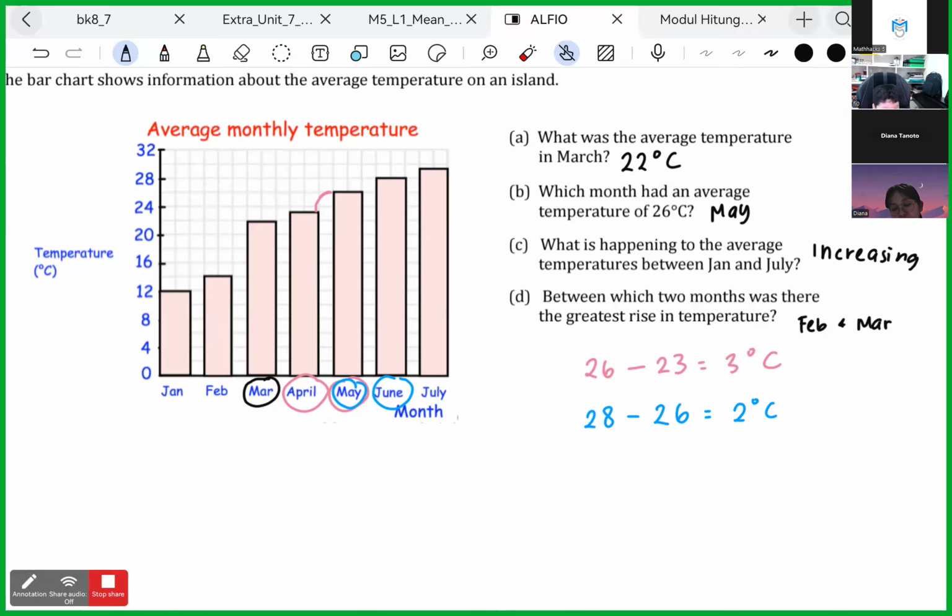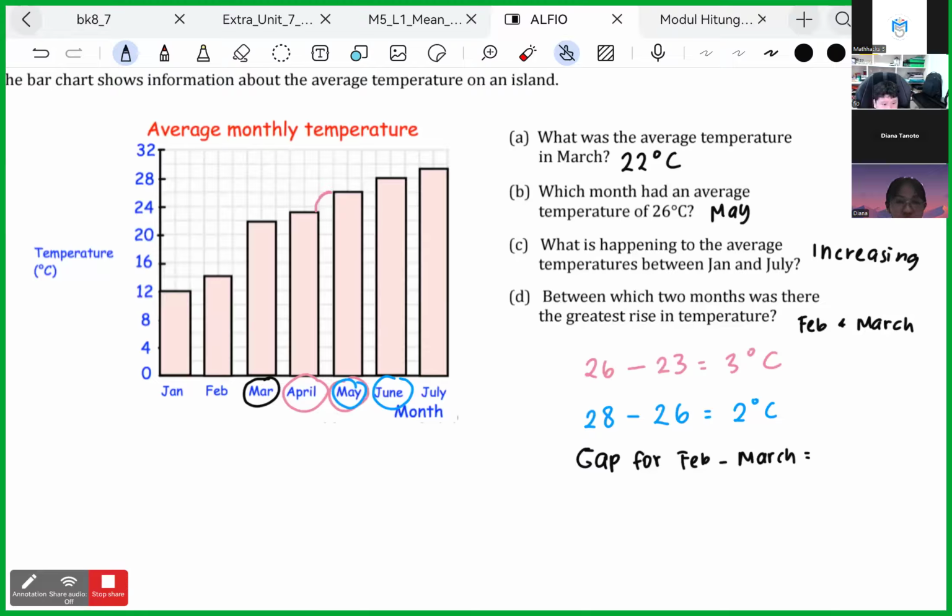What is the gap for February and March? What is the temperature in March?